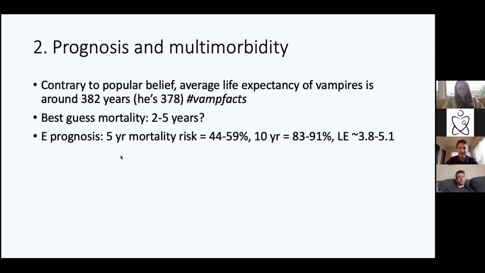I actually just plugged his numbers into ePrognosis. The option is like greater than, I forget how old. It was like the upper end of age, and they gave him a life expectancy of roughly 3.8 to 5.1 years.